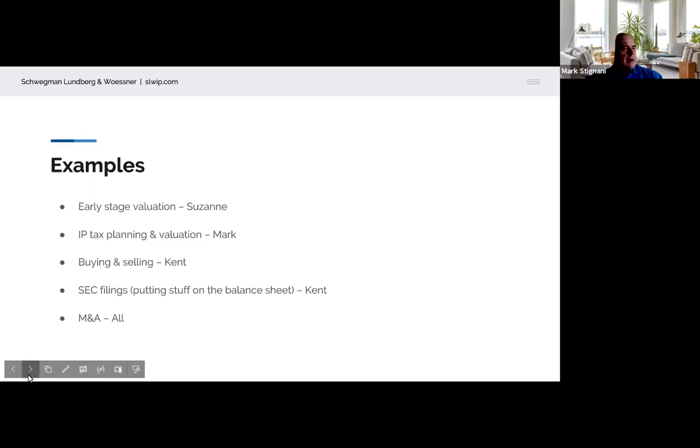I think the one that everyone on the call can walk away from with a little more help is the M&A example. I think that chicken and egg, when you start your valuation on M&As, is really critical to communicate early.